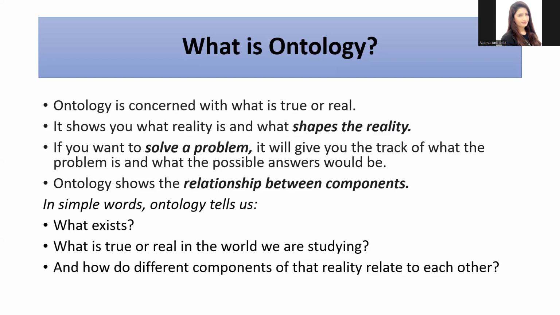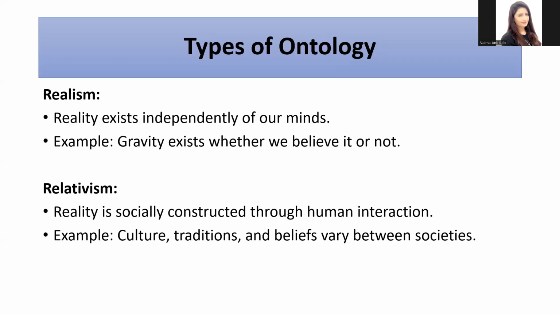It helps to create the relationships when we are arranging our problems and proceeding with the answers. In simple words, ontology tells us what exists, what is true and real in the world we are studying, and how different components of that reality relate to each other.